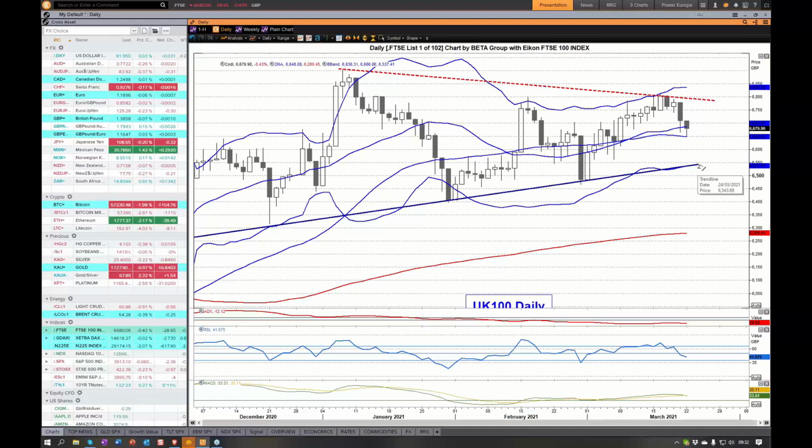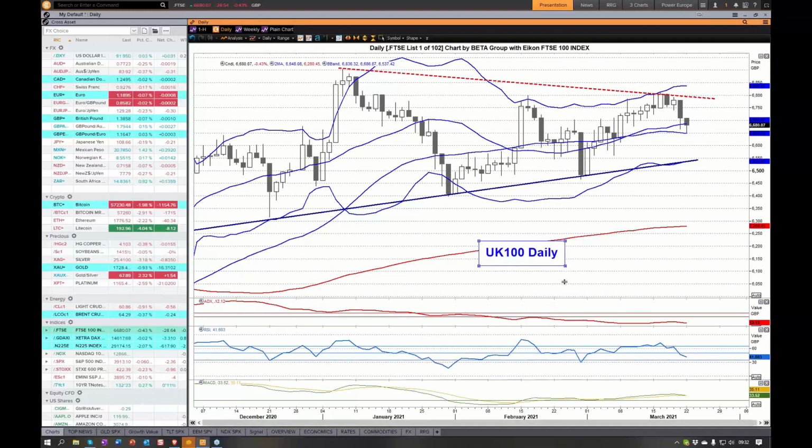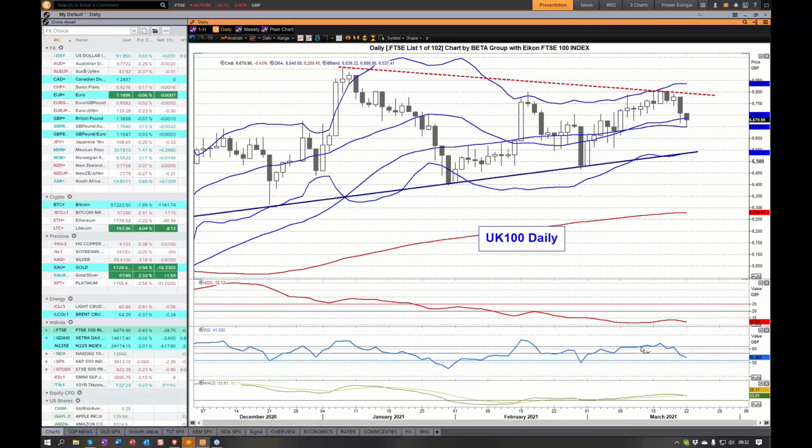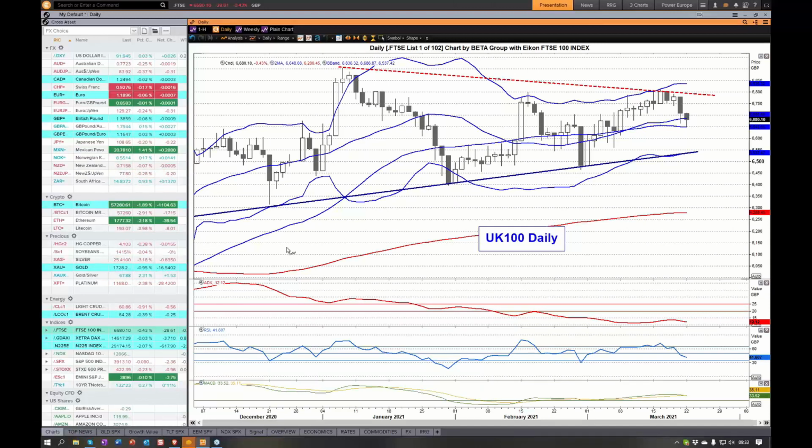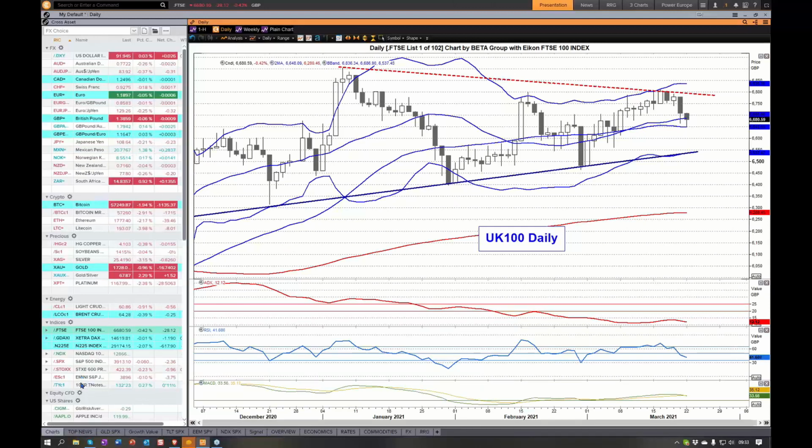That's at 6540 at the moment. So I'd like to see it hold between here and there in order to hold its integrity as a bull market. The ADX has moved right down to 12. That's a very low reading. So that's an indication of the trading range behavior that we've got there now. So all the power is out of the trend for sure.